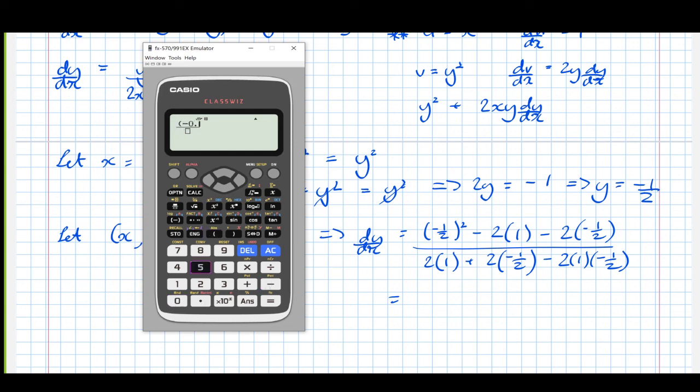To save time I'll put it in as 0.5 minus 0.5 squared minus 2 lots of 1 minus 2 lots of minus 0.5 over 2 lots of 1 plus 2 lots of minus 1/2.